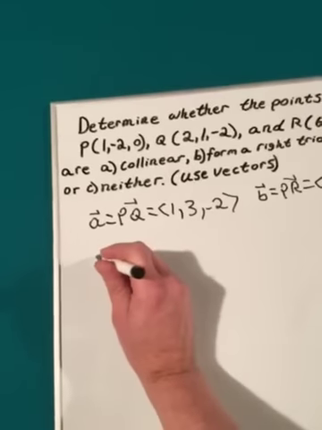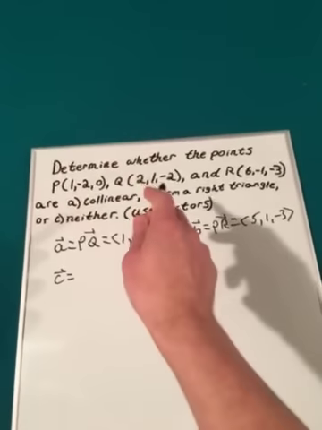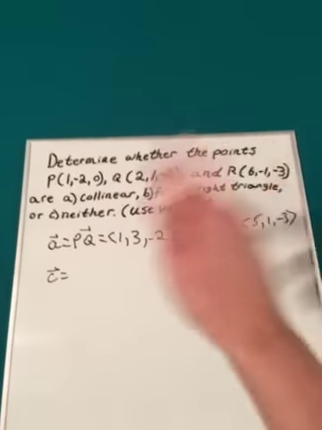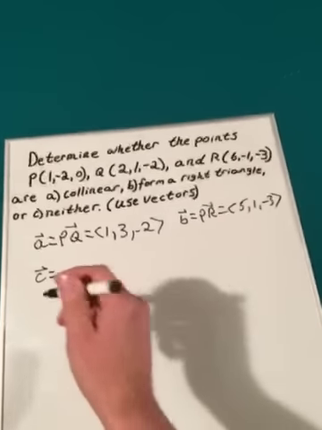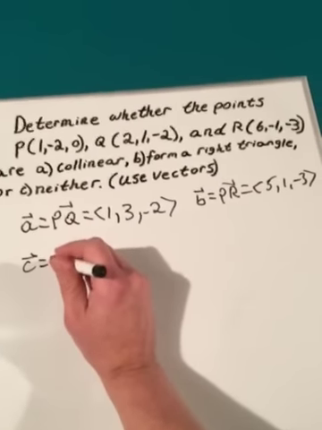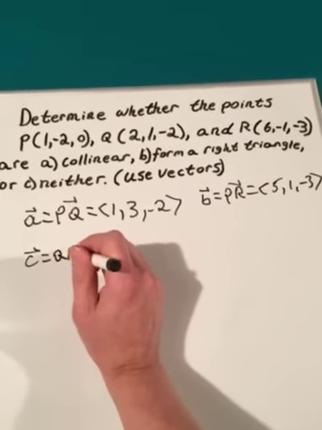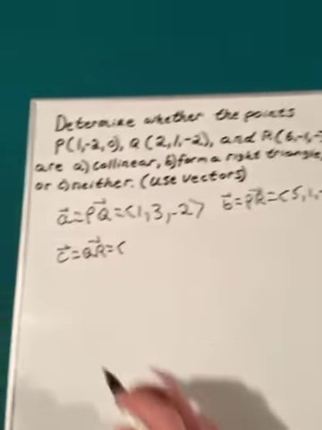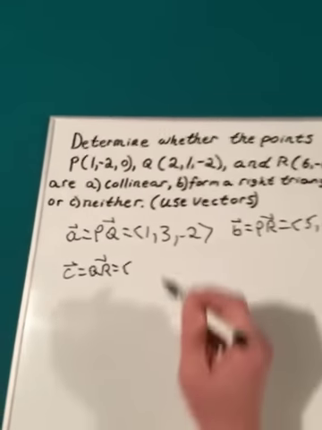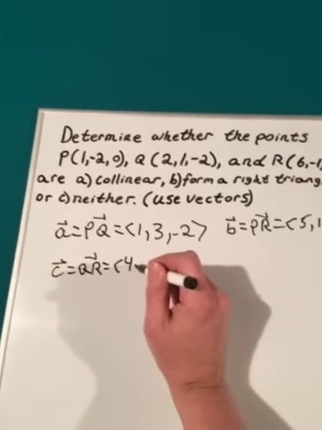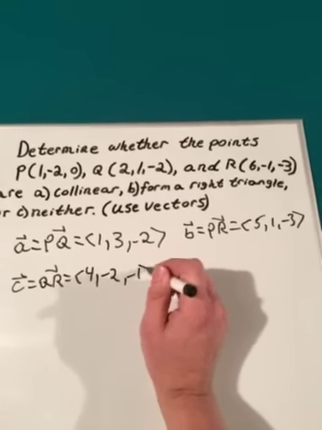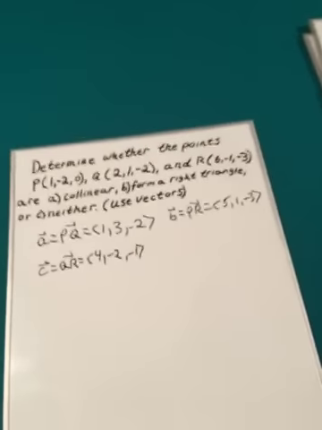And how about we let C vector equal what? Well, if A was from P to Q, B was from P to R, how about we let C be from Q to R? So we let C vector equal QR vector. And what does that equal? I think that's going to be 4, minus 2, minus 1. Okay.